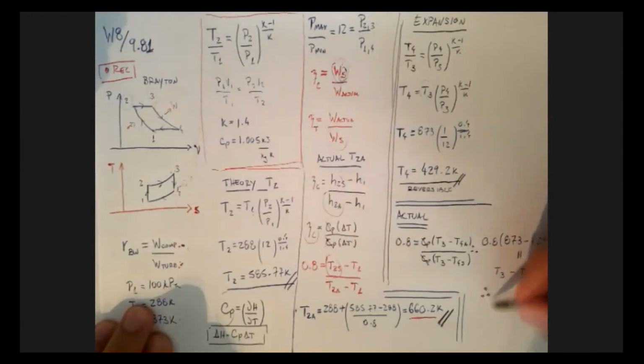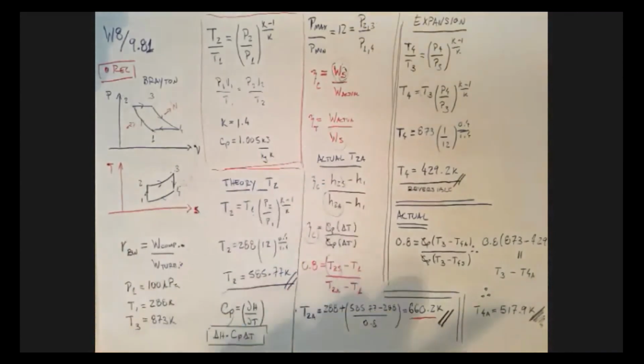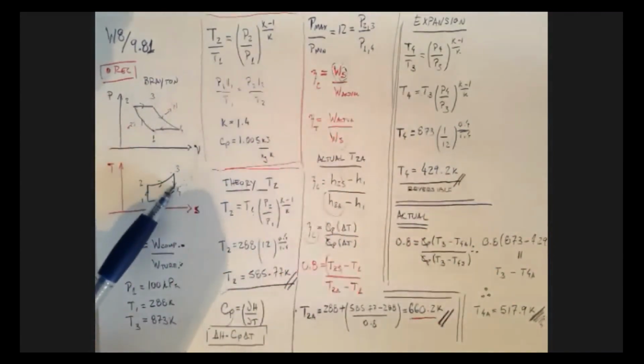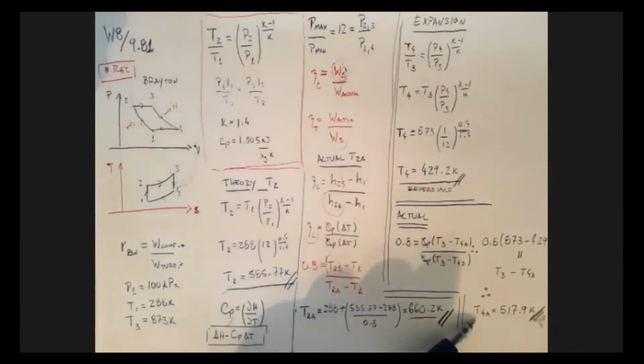And therefore, T4 actual equals 517.9. Indeed, this guy is greater than this, right? So we won't be able to extract as much energy out of the actual turbine as we would from the reversible one.